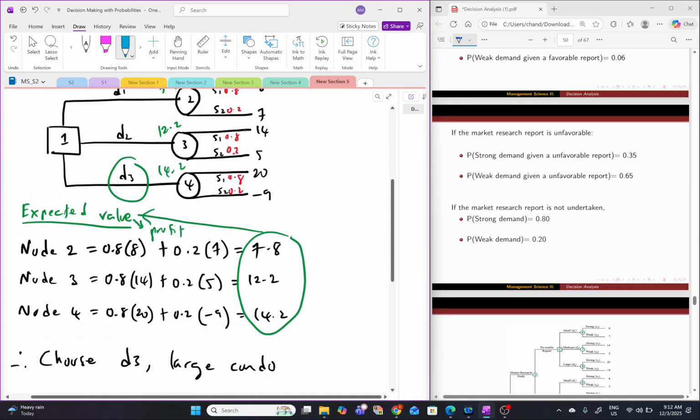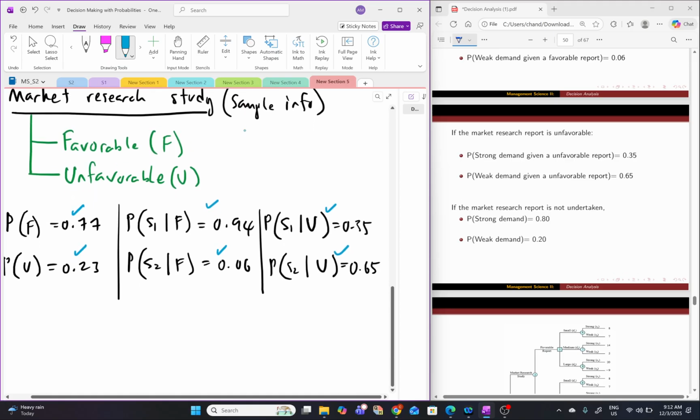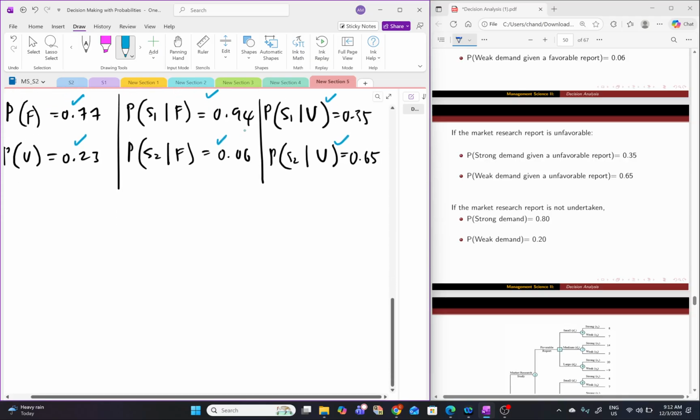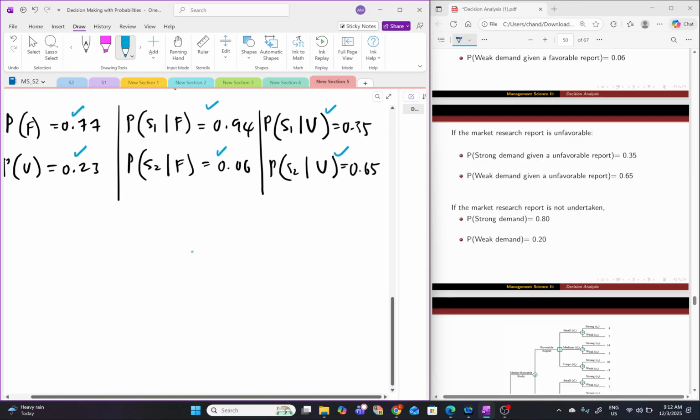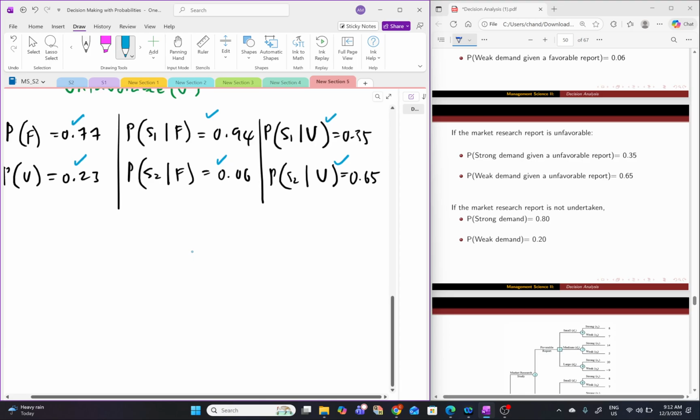Okay, then only we'll have a. First of all, I'm going to do a sketching first. Don't sketch. Jangan lukis lagi. Sekejap, jangan lukis lagi.